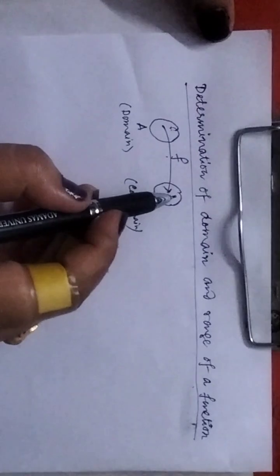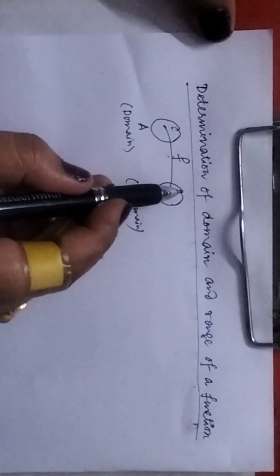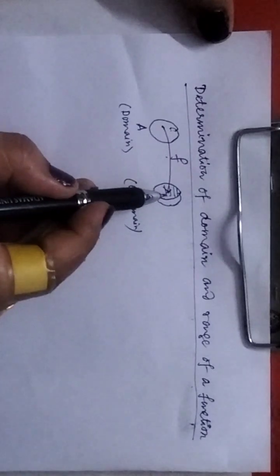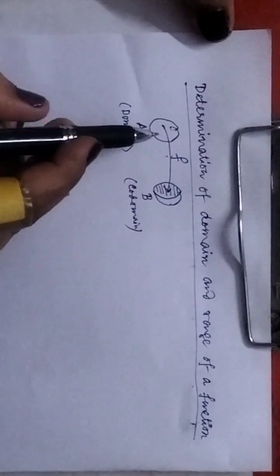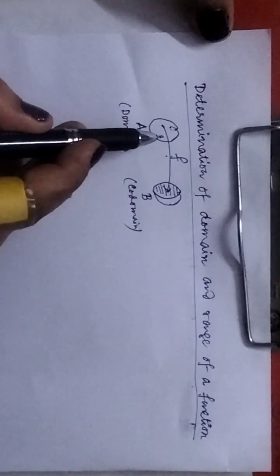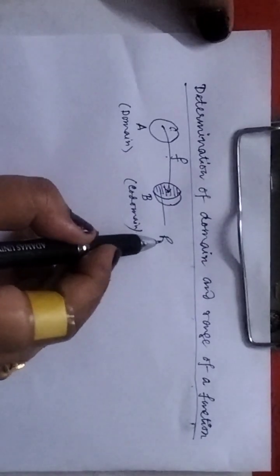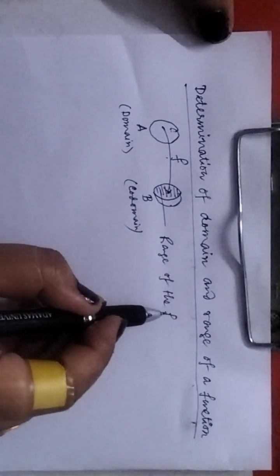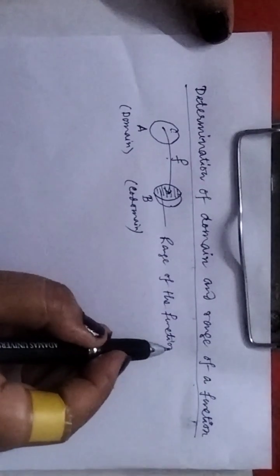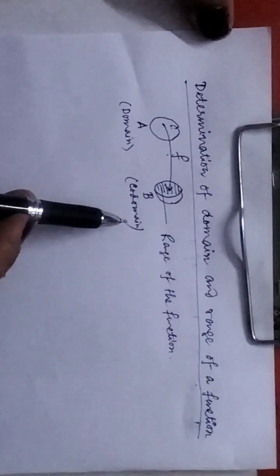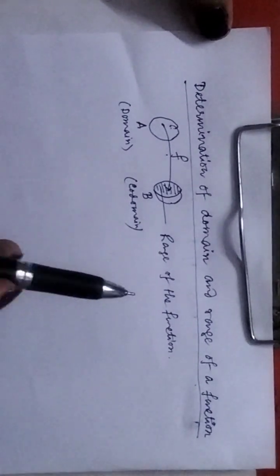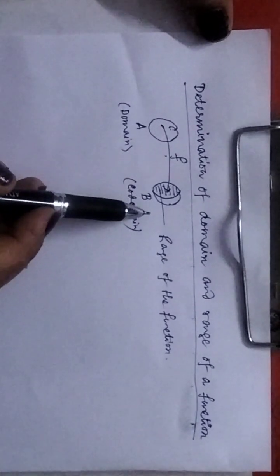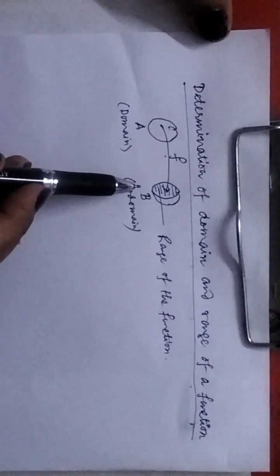And we know that this set of elements, which are the images of all the elements of the domain set, will give us the range of the function. Make sure, students, this range of the function may be the entire codomain set or it might be a subset of this codomain set.